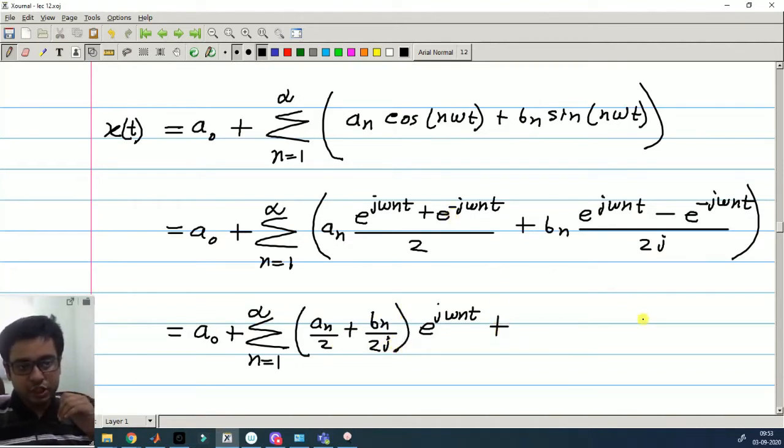Similarly, with e to the power minus j omega nt, we have an by 2 here and minus bn by 2j from here.